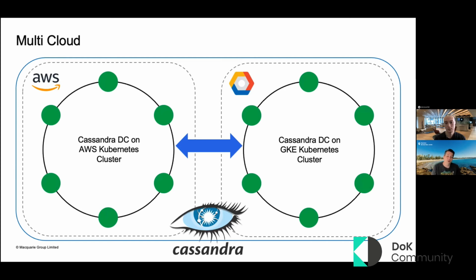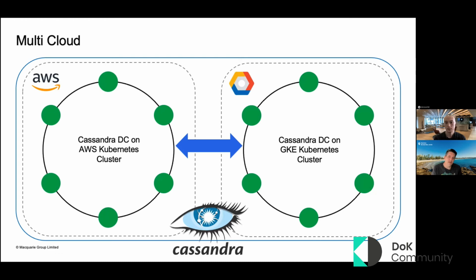So Cass Operator avoids issues with trying to span multiple Kubernetes clusters across different clouds and regions by taking advantage of something that's in the native Cassandra multi-data center features. So once the networking is set up between the Kubernetes clusters, then you just need to specify example hosts by IP or DNS entries in each region as Cassandra seed values, and Cassandra will operate all regions as a single Cassandra cluster.